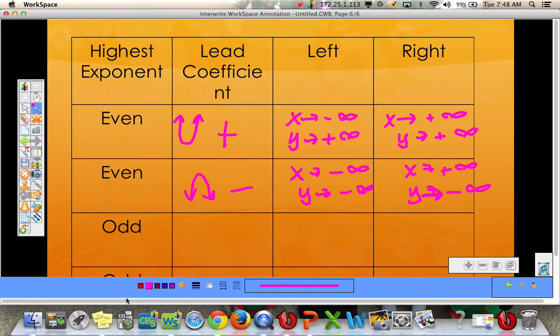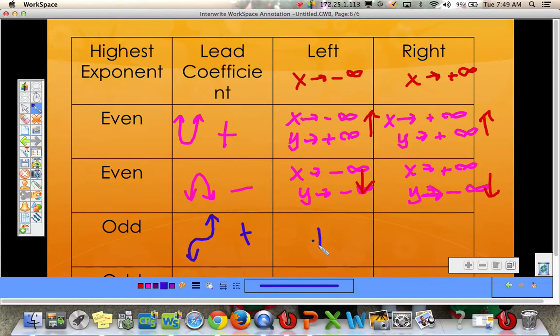Okay, or we can just draw arrows. So to the left, as x approaches negative infinity, and to the right, x approaches positive infinity. This is going to go up, this is going to go up, this is going to go down, this is going to go down. That's easier. All right, so for an odd function, if it's a positive coefficient, it looks like this.